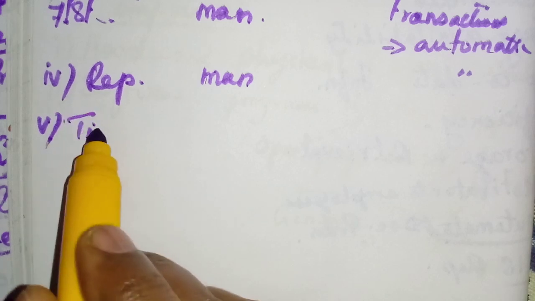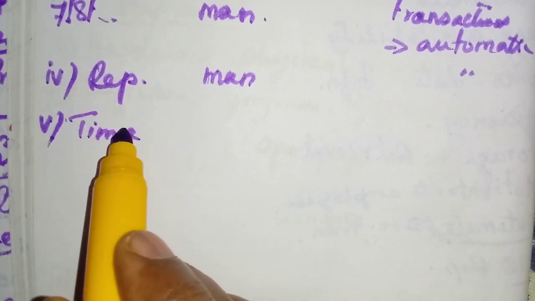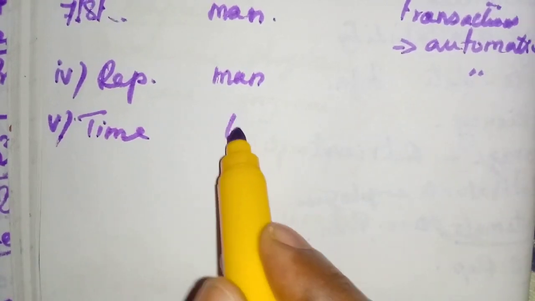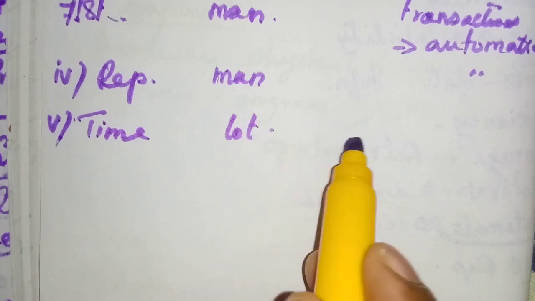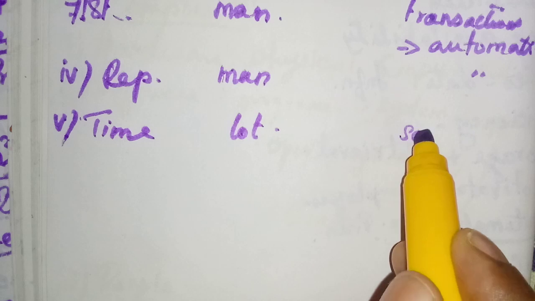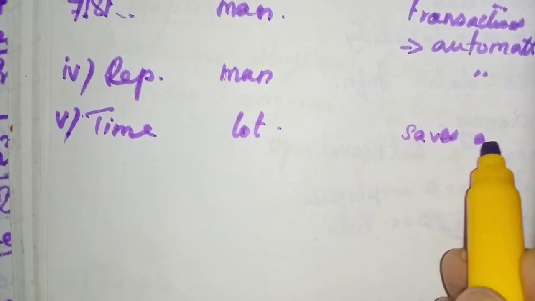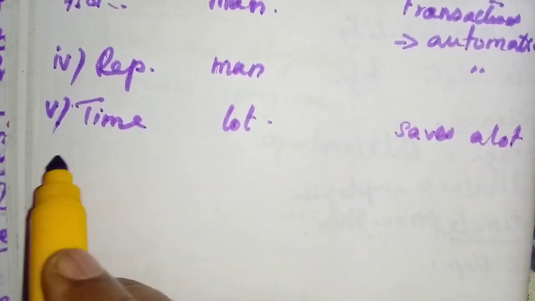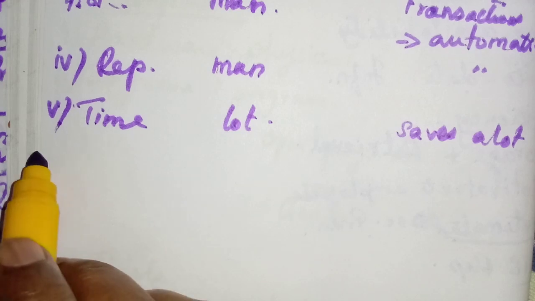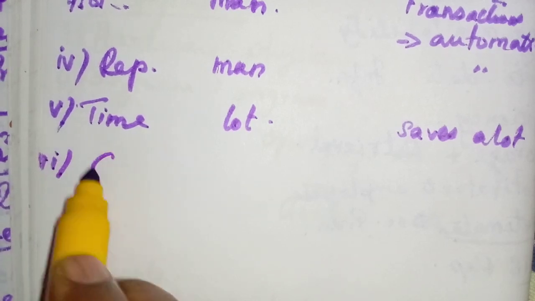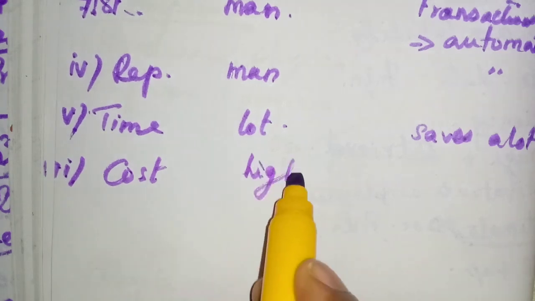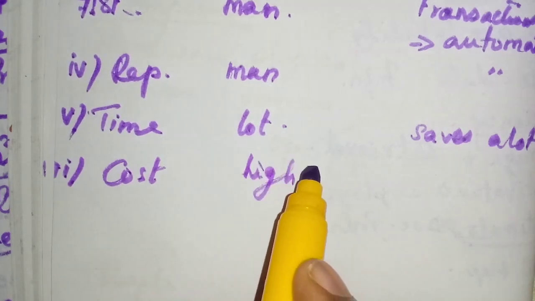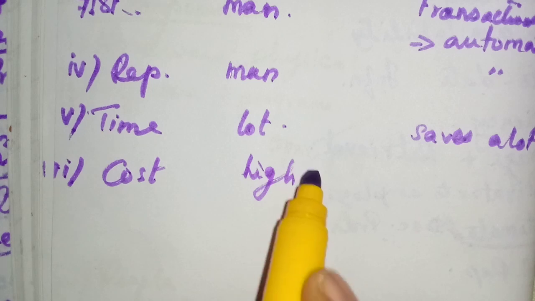Then time involved. Manually we need a lot of time to prepare all the reports, but the computer saves a lot of time. Within a fraction of a second, we can prepare all the documents. Then cost. We know the cost is very high to keep the computer.